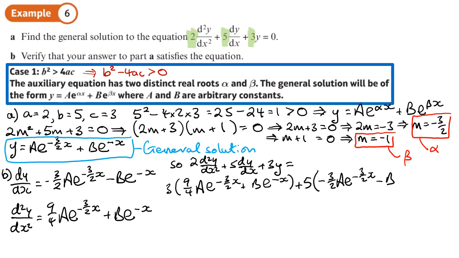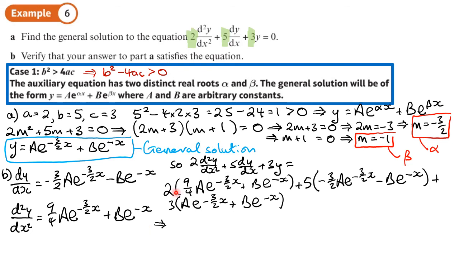Got to be careful with the minuses, I don't miss them out. Plus 3 lots of y, so 3 lots of this. Let me correct this, 3 should be a 2, sorry about that. Right, let's see what we get with that.